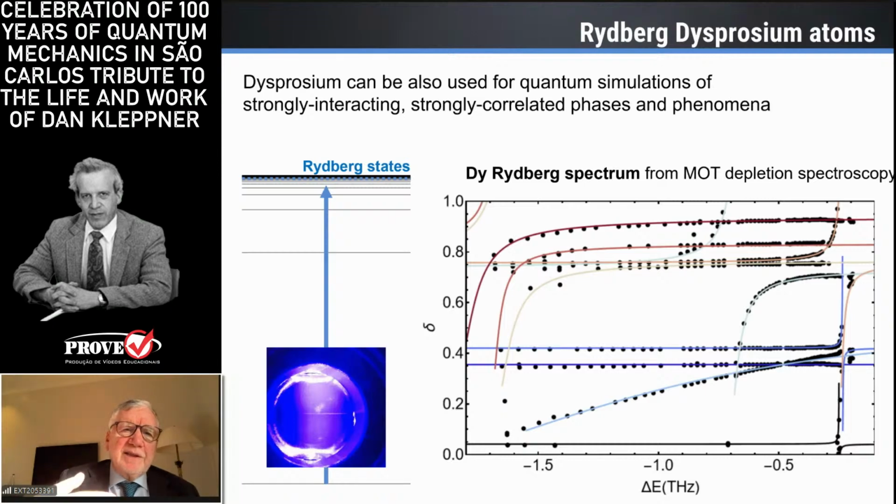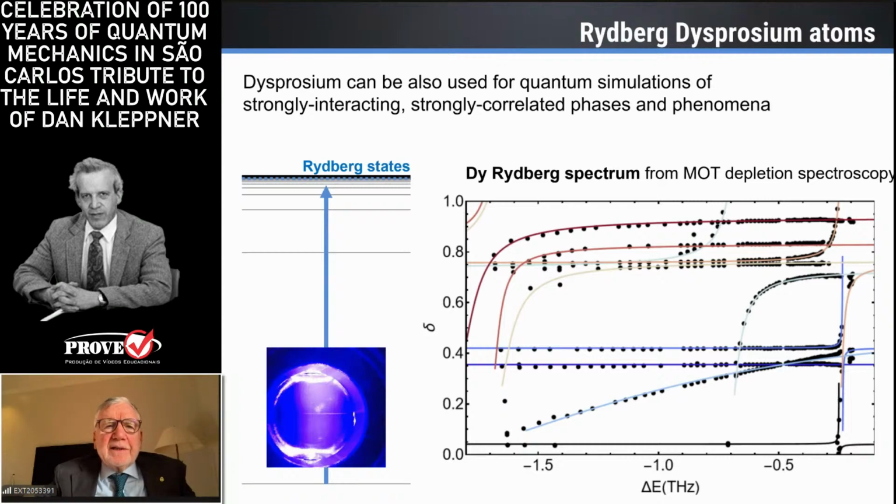A Rydberg state is a state so highly excited that in that level the spectrum seems to be the same as hydrogen, because you are almost free from the different interactions.